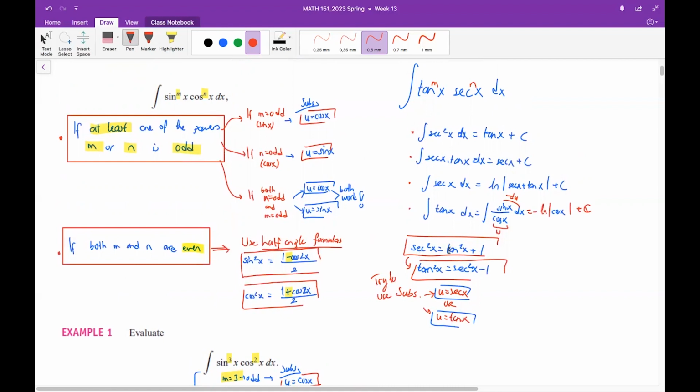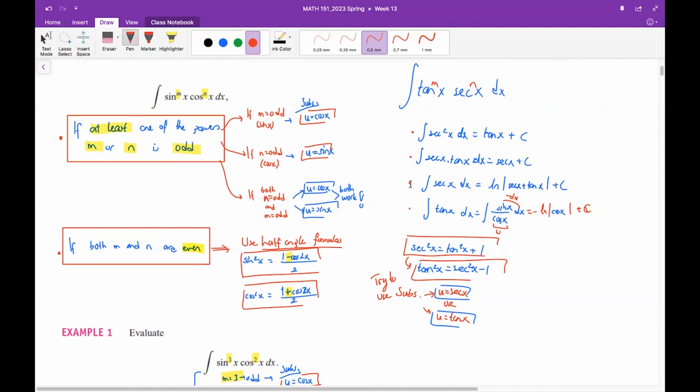Secant square x is tangent square x plus 1, or you can write it in this form: tangent square x is secant square x minus 1. So instead of having lots of such cases here, please keep this in mind. Either u equals secant x or u equals tangent x substitution will work, and on the way, you will be using this trigonometric identity.